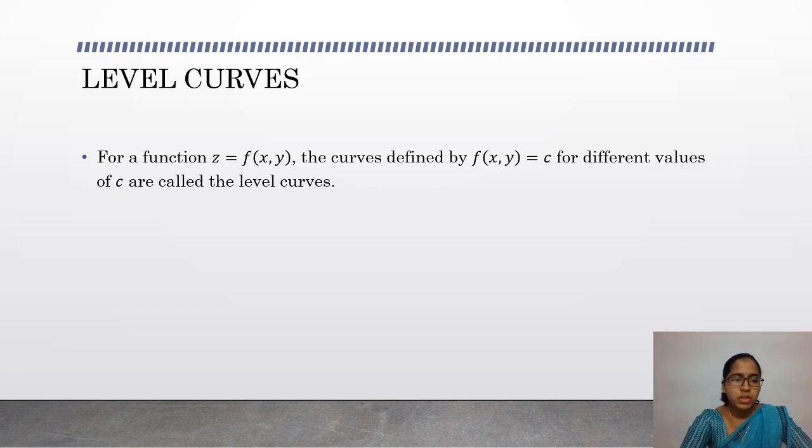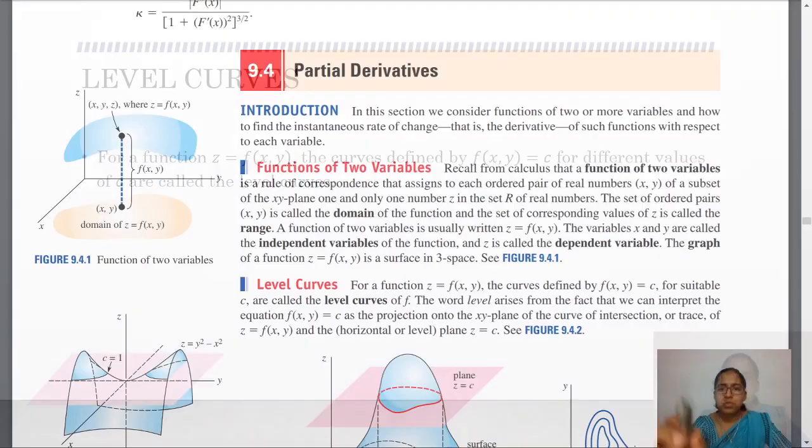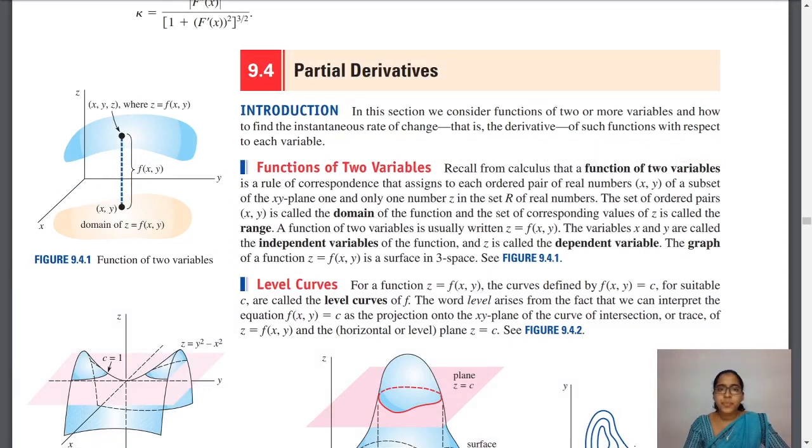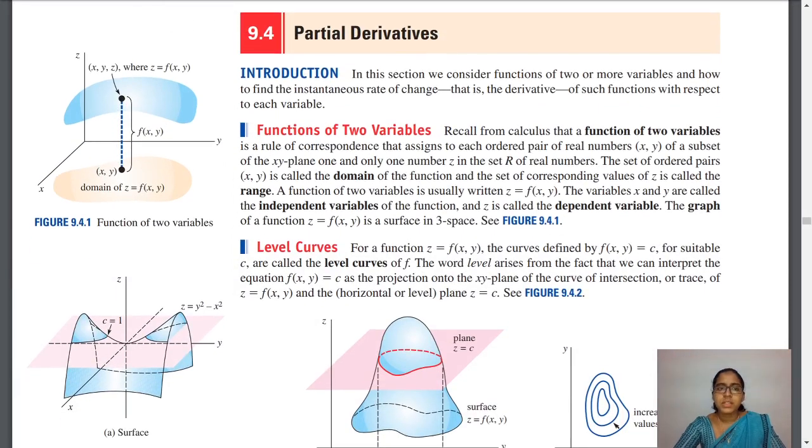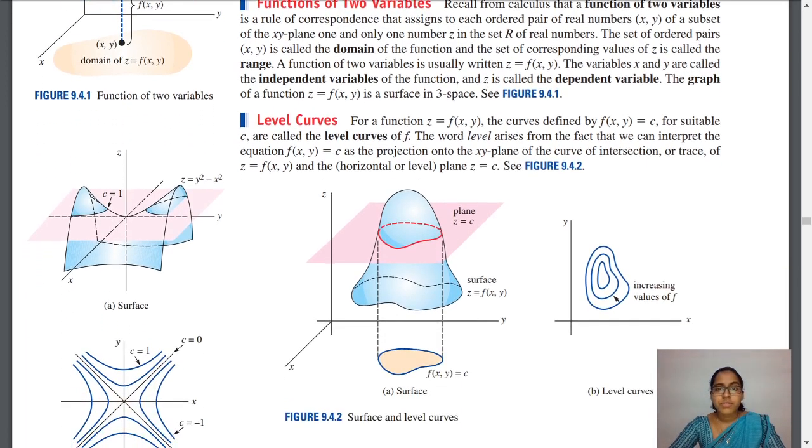In your textbook, we are given examples of level curves. So let us look at it. You can see that figure 9.4.1 depicts the actual surface z is equal to f of x y, which is the blue colored portion, and the domain is the values of x and y. Next, if we move on to the level curves, we can see that for a function z is equal to f of x y, the curves defined by f of x y equal to c for any c are called the level curves of that function.